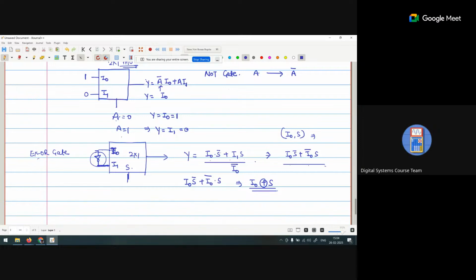In place of the inverter, I use one more 2 cross 1 mux. So 2 cross 1 muxes are used to implement the XOR gate.